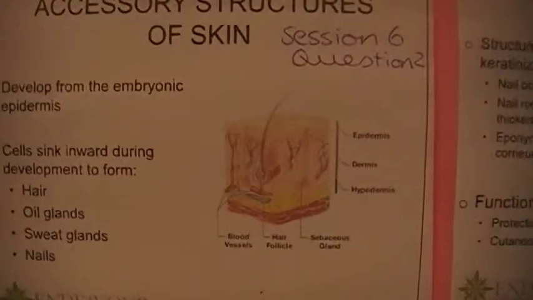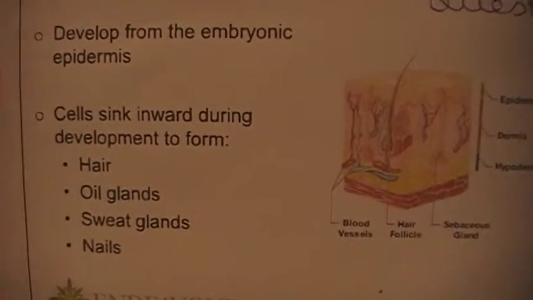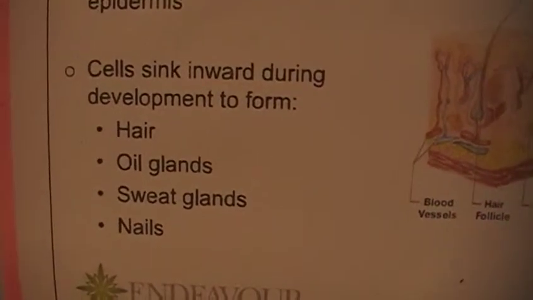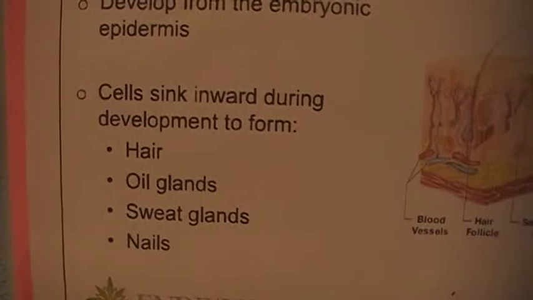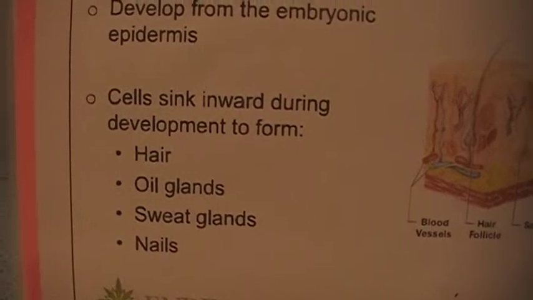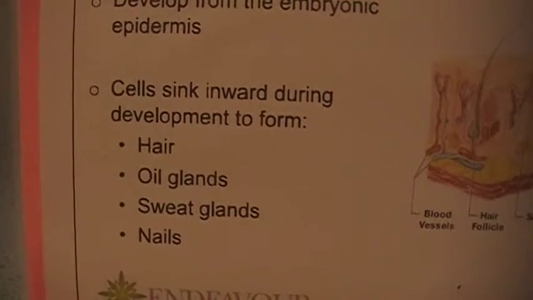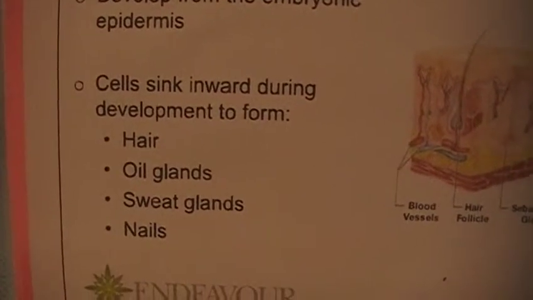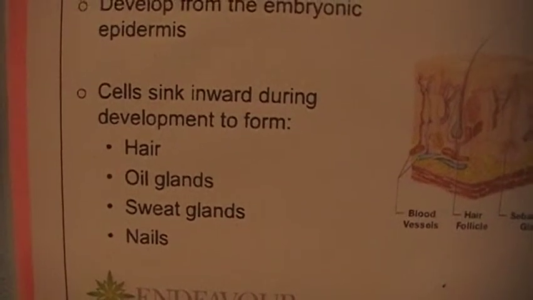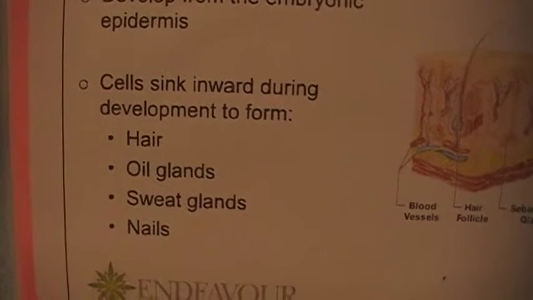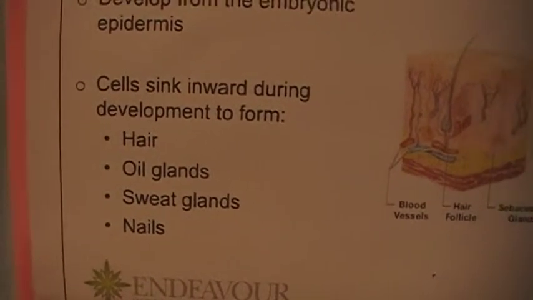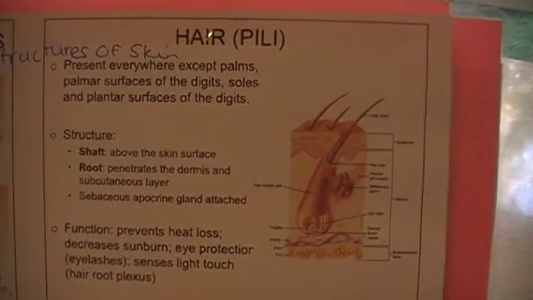What are the accessory structures of skin? Hair, oil, nails, sweat. So first let's look at hair.